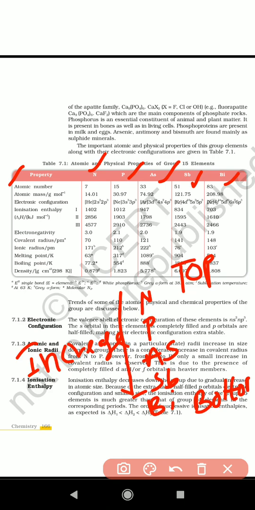Next, the electronic configuration. Nitrogen exhibits ns2 np3 configuration.